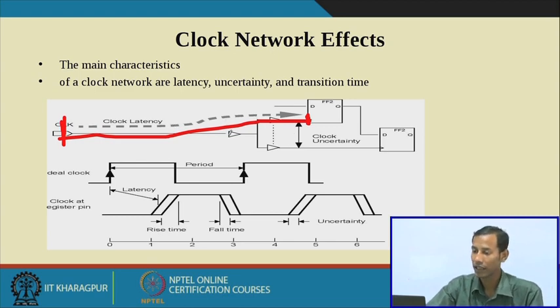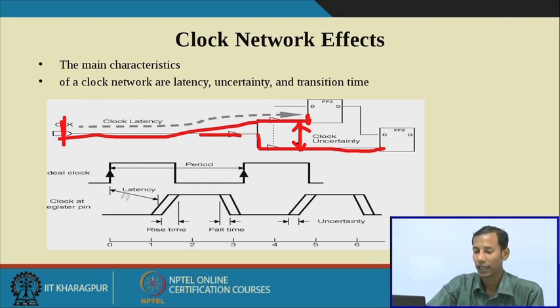Okay. So the clock is not connected only to one particular sequential element, it may be connected to all the registers which are there in your design. So at that time, if in this path it has also passed through a buffer and in the other path it has also passed through a buffer, the difference between these two is known as the clock uncertainty.